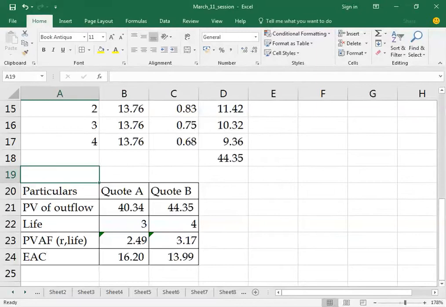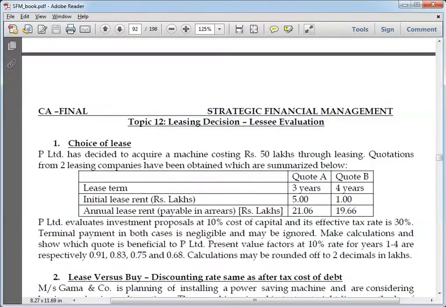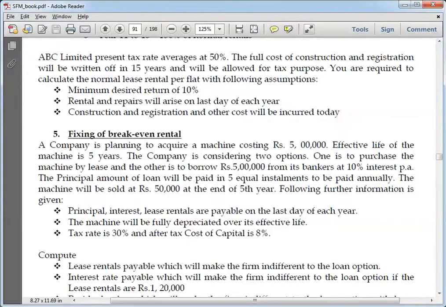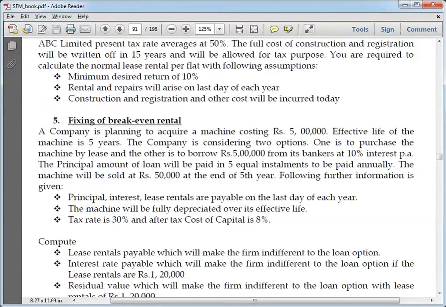So your conclusion is the company should go ahead with quote B as it has lower equated annual cost. Now I'll do this question 5, which was pending in the evaluation of lease. Go through question 5 now. The earlier question 5.